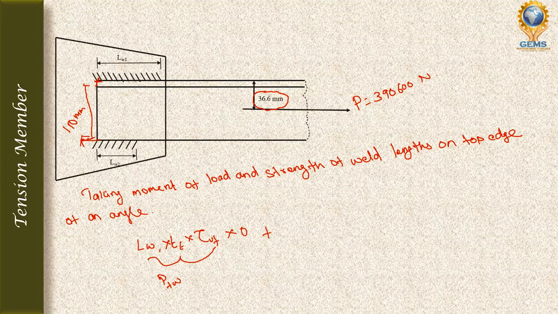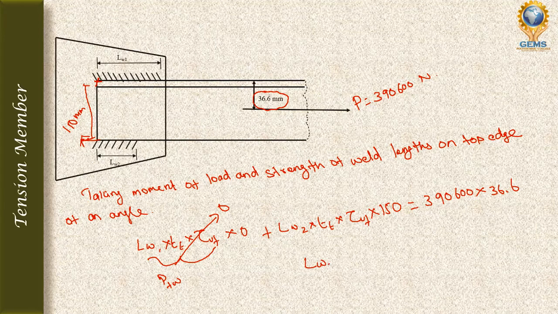It will be clockwise, that's why it is a plus sign. So LW2 into TT into tau Vf into distance 150 is equal to 390,600 into what is the distance? 36.6. So the LW1 term will automatically go to 0.